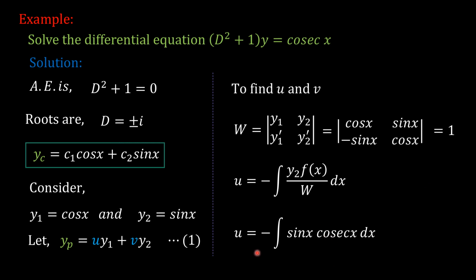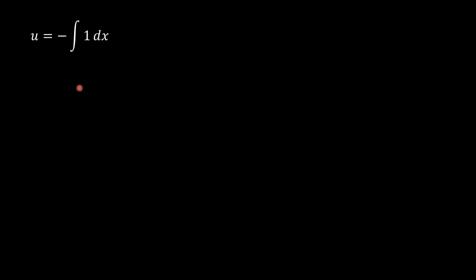So u is now minus integration sin x into cosec x dx. Cosec x is 1 upon sin x, so sin x will get cancelled and we are left with u equal to minus integration 1 dx, and therefore u is equal to minus x.